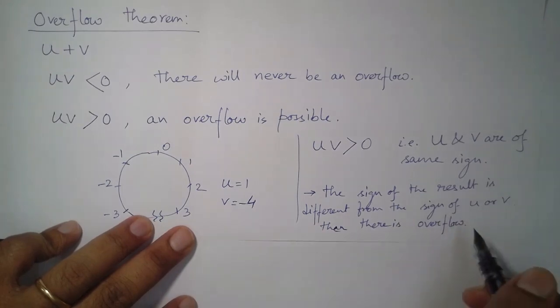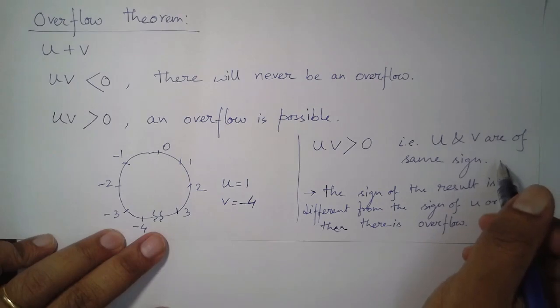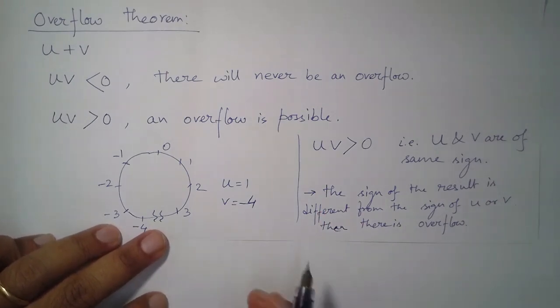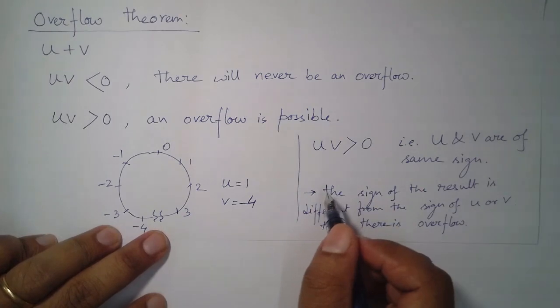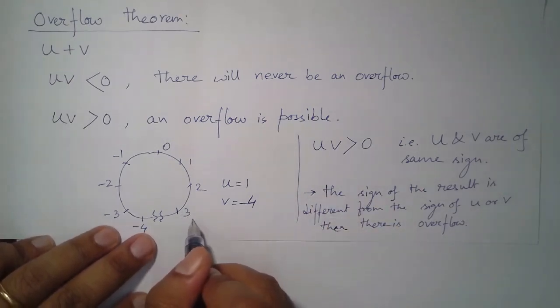So we can check this. We are saying that u and v are of the same sign and the result we are getting has a different sign than what u or v has, then there is an overflow. So take this example of two numbers, 3 and 2.